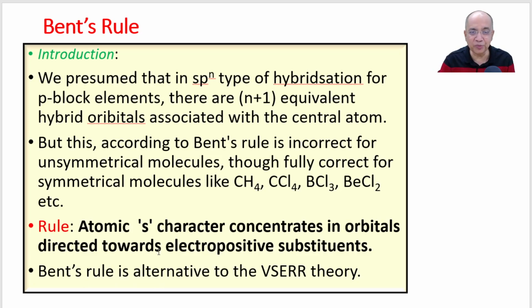Therefore, atomic s character concentrates more towards the orbital directed to the more electropositive or less electronegative atom. In the language of Bent, it is the more electropositive atom, substituent or ligand.